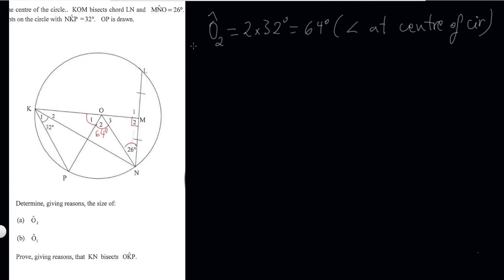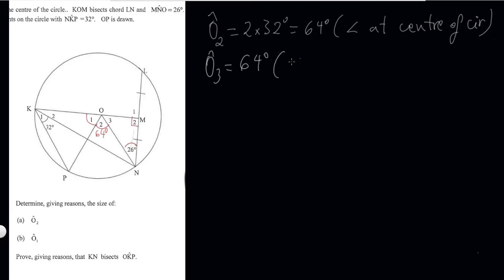Now look at the angle O3. This angle is 90 degrees, this is 26, so that angle will be 64 degrees.